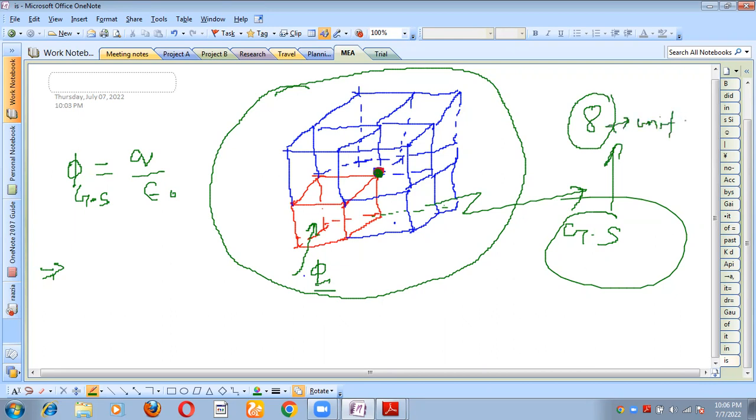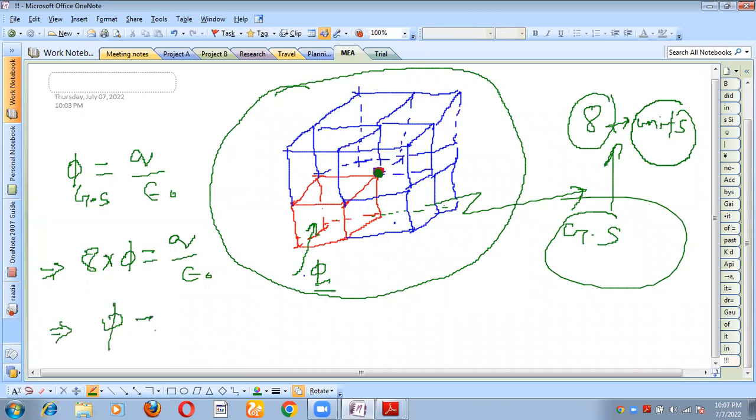This Gaussian surface is made up of 8 units of such Gaussian surface, the red one. So we can write 8 into phi equal to Q by epsilon naught. Therefore, the flux through each unit will be equal to Q by 8 epsilon naught.